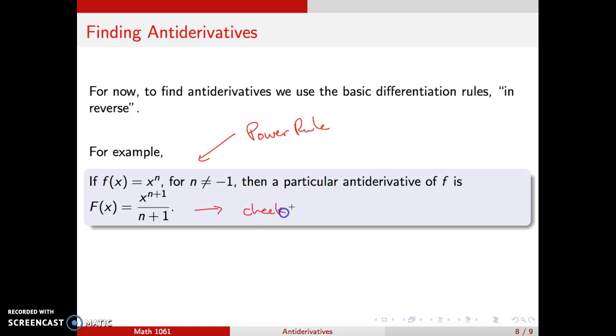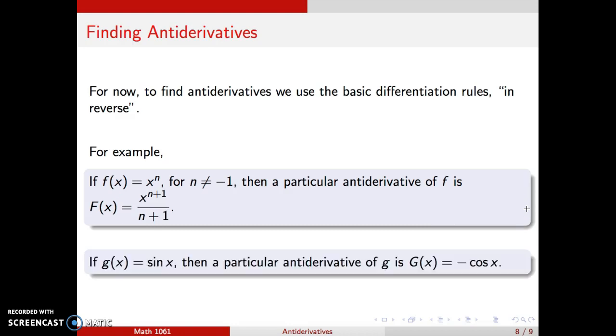Quick check. The derivative of capital F here would be, well, the n plus 1 comes down times x to the n plus 1 minus 1, so just x to the n, all over n plus 1. So that's right, just working backwards from the power rule. That was a basic rule we had. For this one, it would be a trig rule, and we can check.